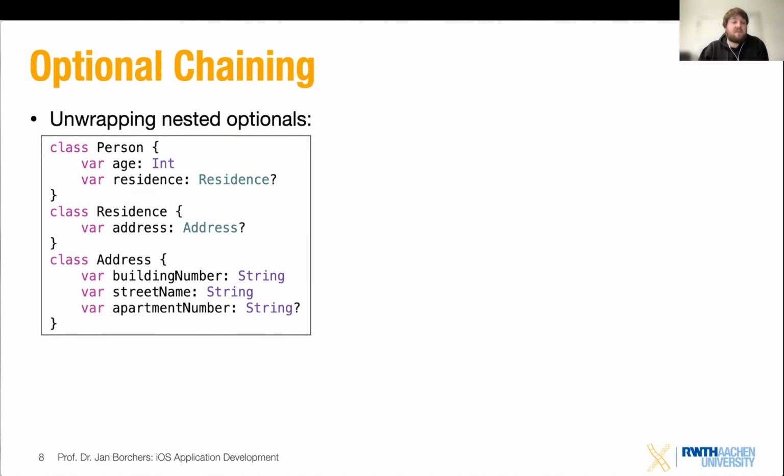If I would have address without a question mark, then residence would always also have an address. And you can mix and match that. So for example, for the address, the address will always have a building number. It will always have a street name. It might also have an apartment number. To be clear, it will always have the apartment number property, but that might be nil, or it might be a string in there.